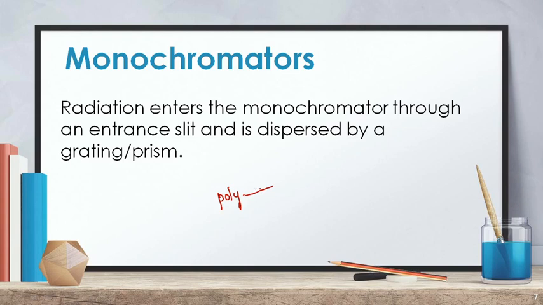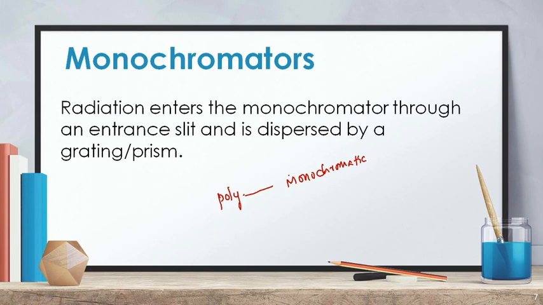Whenever the polychromatic radiation falls onto the surface of the grating or prism, it is converted into monochromatic radiation. That means radiation consisting of various wavelengths is converted to radiation of a single wavelength.